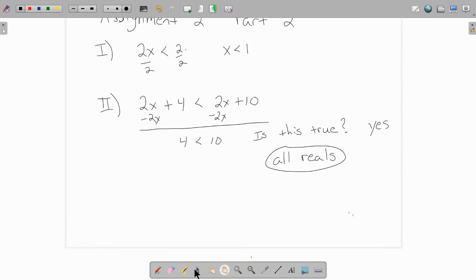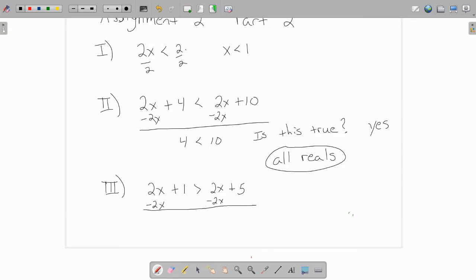All right, in scenario 3 that we're going to look at, let's say you have 2x plus 1 greater than 2x plus 5. So once again, I made this a very simple equation.